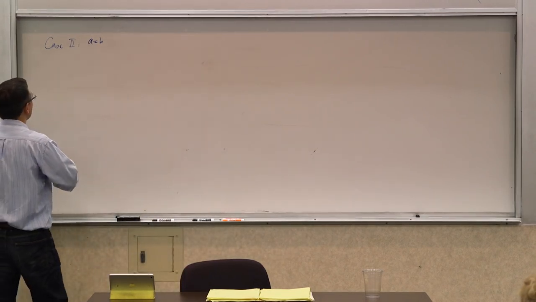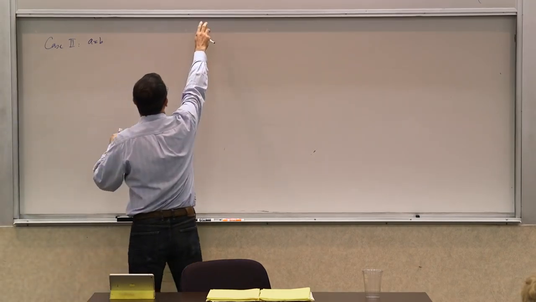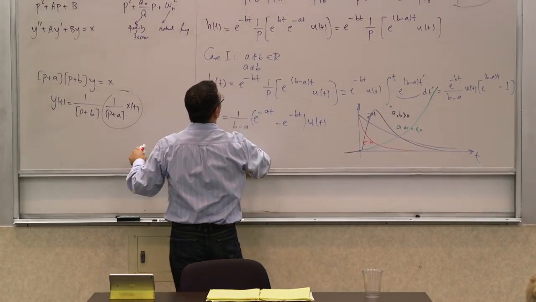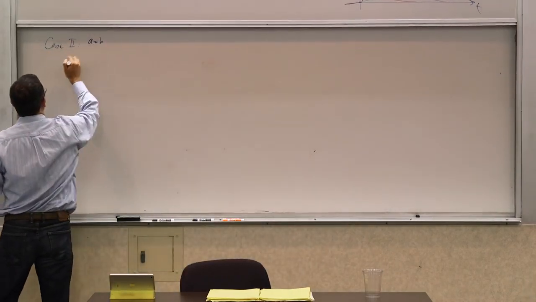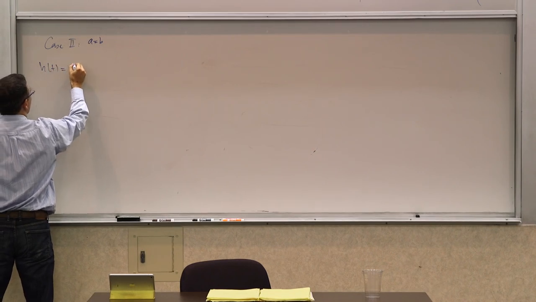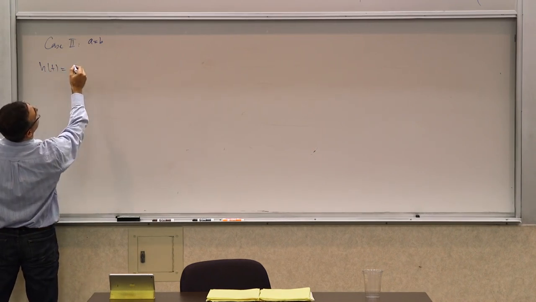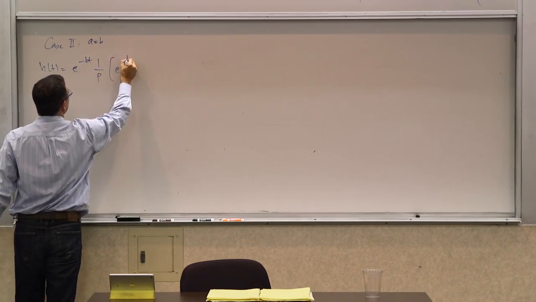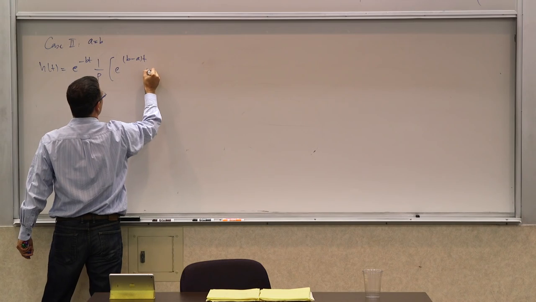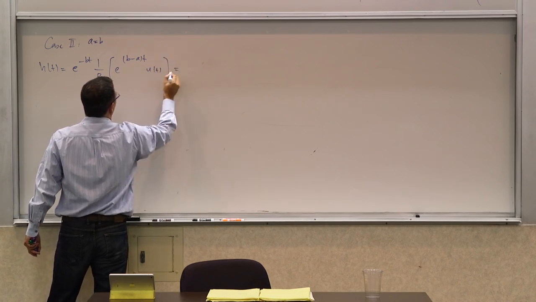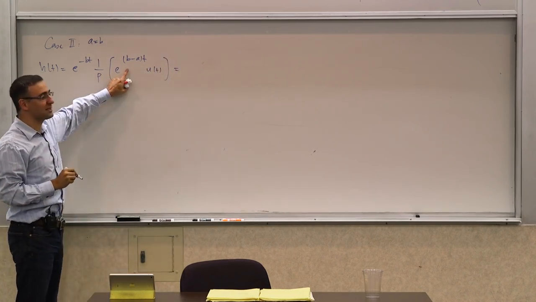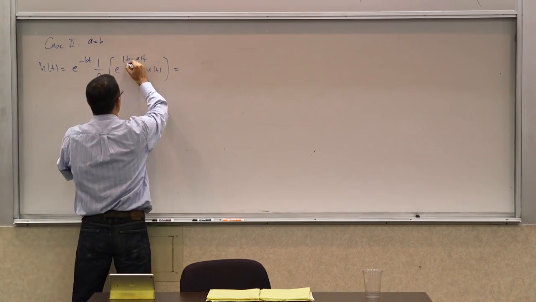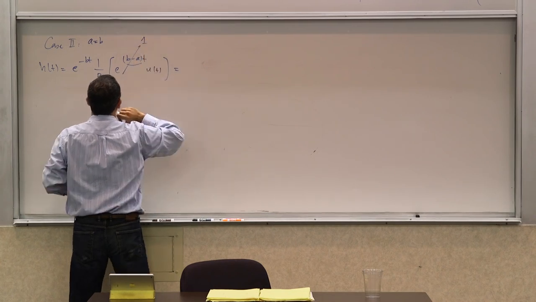All right. So if A is B, let's go back to that general expression and apply it in this case. Then h of t would be e to the negative bt, 1 over p, e to the b minus a t, u of t. Now in this case it becomes simple, because this term goes to 1, since the exponent is 0 if they are equal.